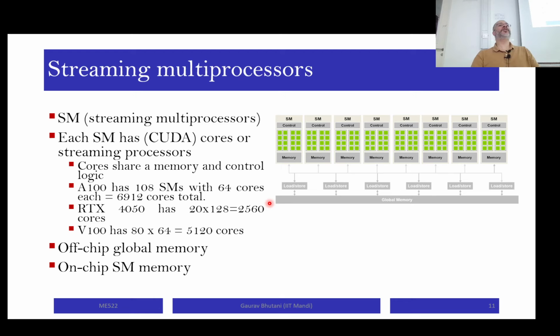When I say device memory, that typically refers to this global memory, which is the memory of the GPU card. If you buy a GPU card which says 16 GB, that 16 GB is your off-chip or global memory. Off-chip does not mean that it is not on the GPU card. It is on the GPU card, but it is not in the streaming multiprocessors, it is outside that.